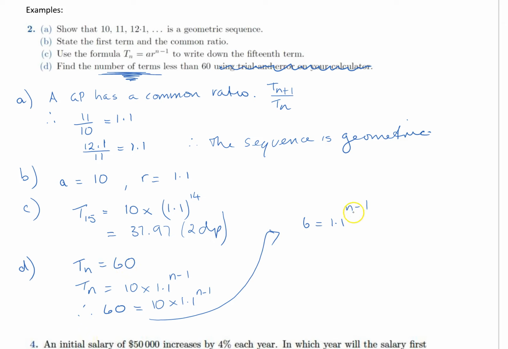So I'm wanting the power to which this base is raised in order to give this number. So if I take the log of that number to this base, it gives me the power to which that base needed to be raised in order to get that number. I can't do this on my calculator without doing a change of base. So it's log of 6 divided by log of 1.1, and that would be equal to n minus 1, and I'm going to bring the 1 over.